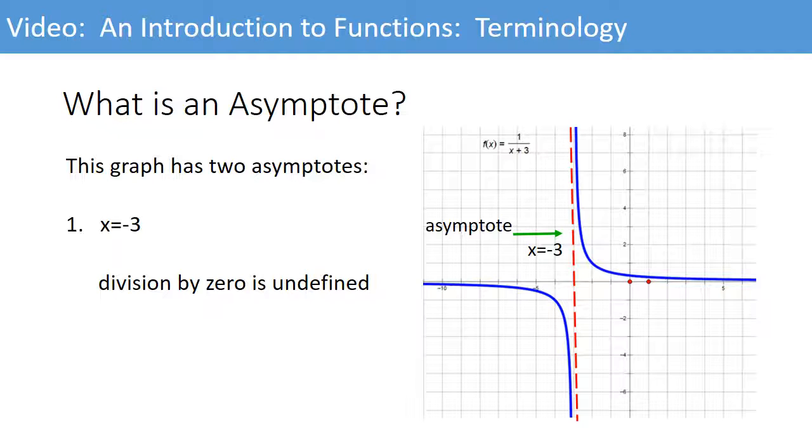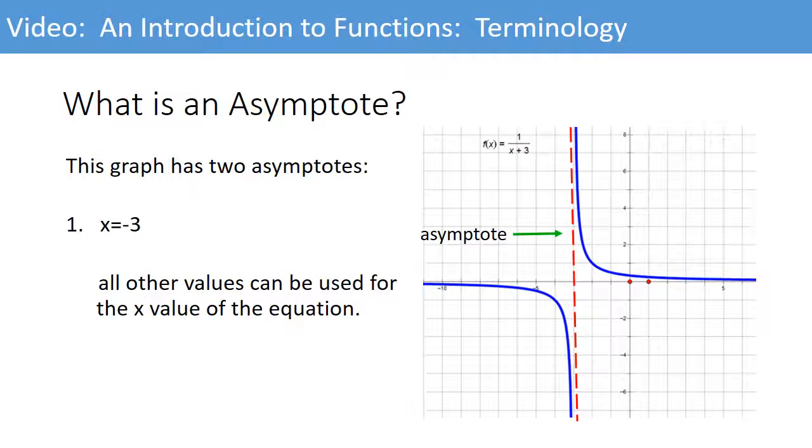That is why x equal to negative 3 is an asymptote. x plus 3 cannot equal 0, so x cannot equal negative 3. The graph can never reach negative 3. All other values can be used for the x value of the equation. This vertical line, x equal to negative 3, that the graph can approach but never reach, is called an asymptote.